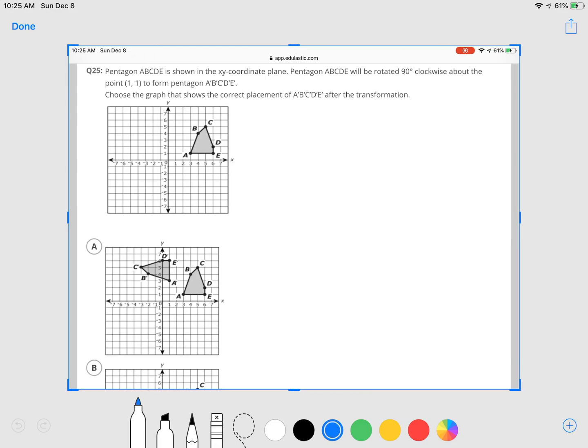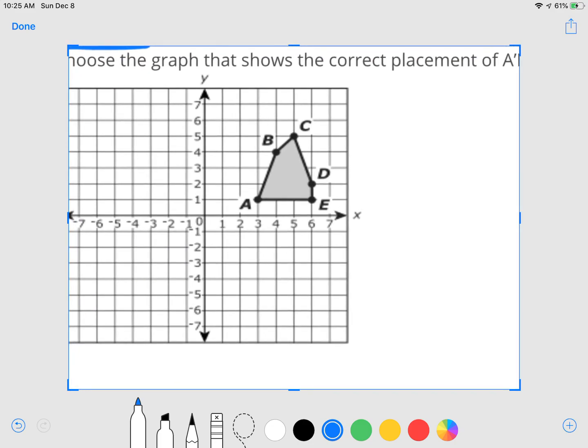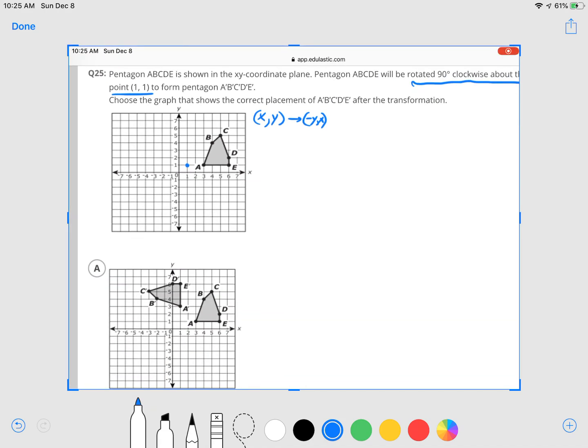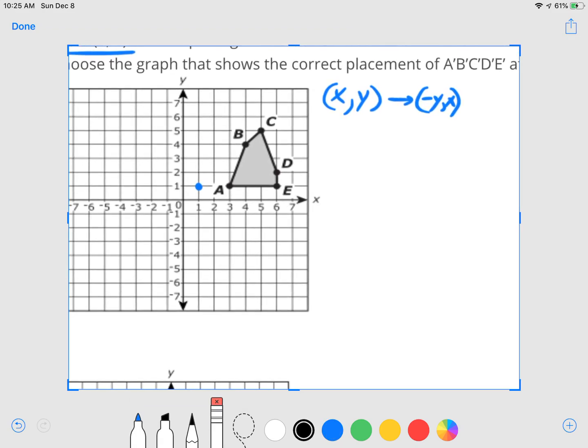So it says that we're rotating around the point 1, 1. Now, unfortunately, since we're rotating around the point 1, 1, that means we can't really use the transformation rules for rotation. So we cannot use, this would be negative y, x. We can't use that. Actually, it says clockwise, so it will be the other rule.